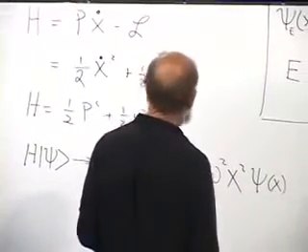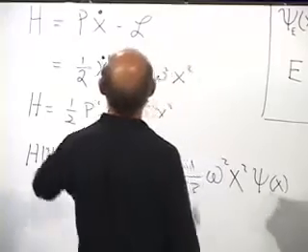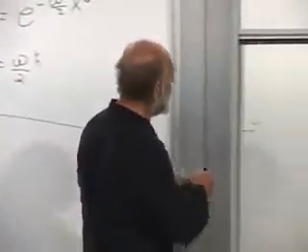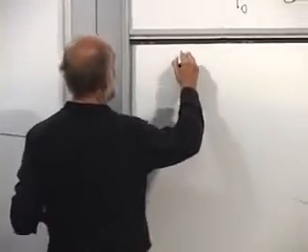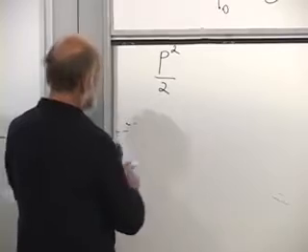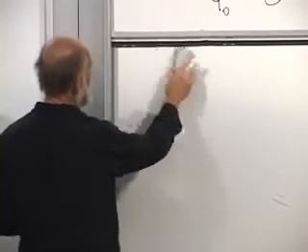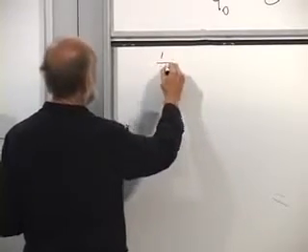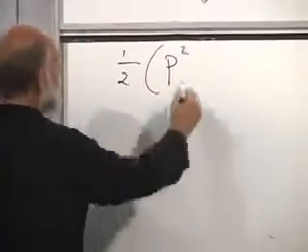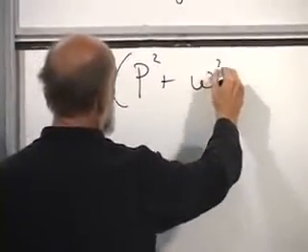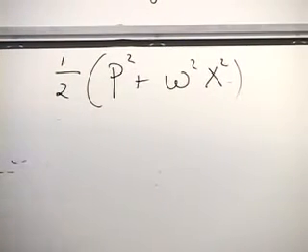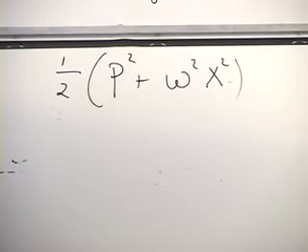Begin with the Hamiltonian in the form, well, first of all, let's take the factor of 1/2 outside. 1/2 p squared plus omega squared x squared. Now, that's the classical Hamiltonian. It's also the quantum mechanical Hamiltonian.